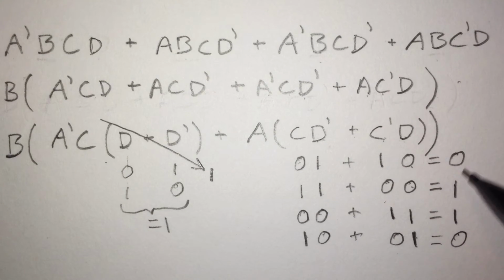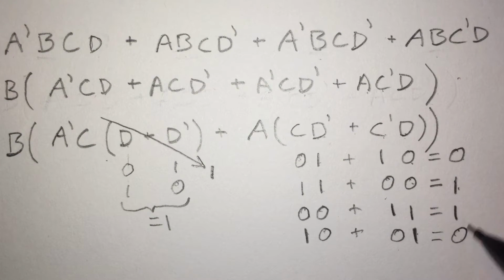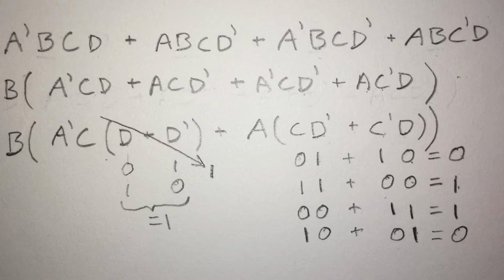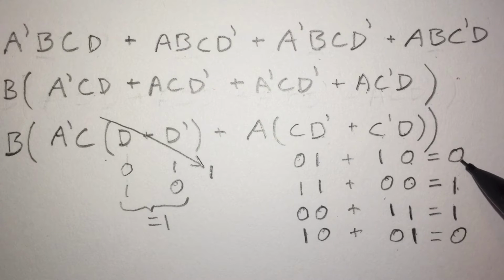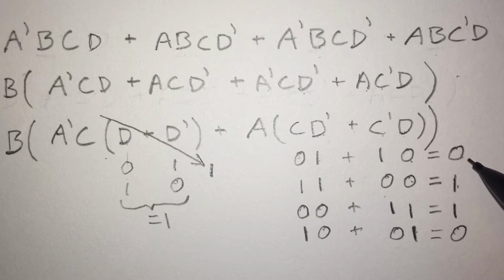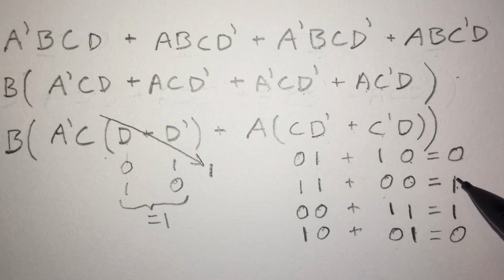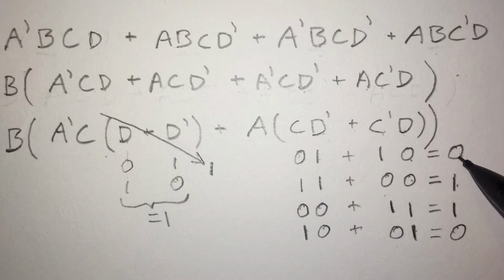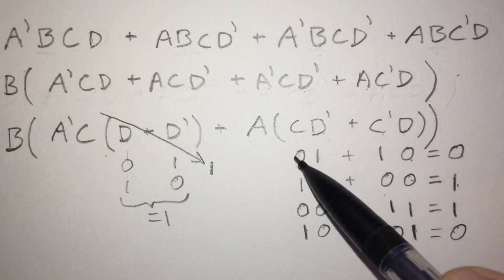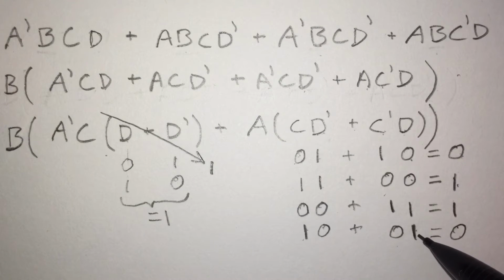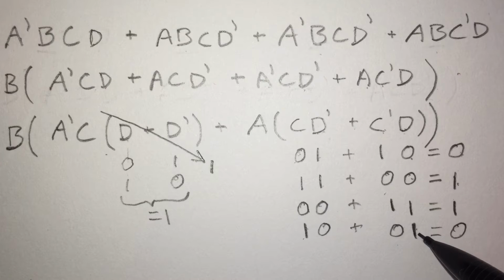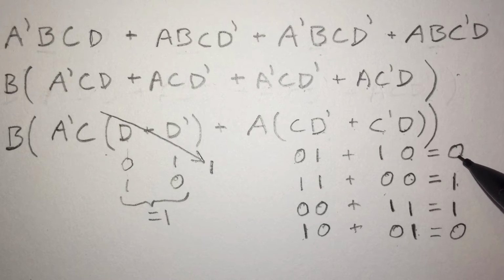But hang on, we've seen this before. At least I'm assuming you have, probably in discrete mathematics, where when the two inputs are the same, the output is 0.